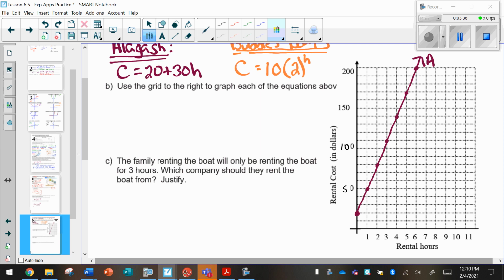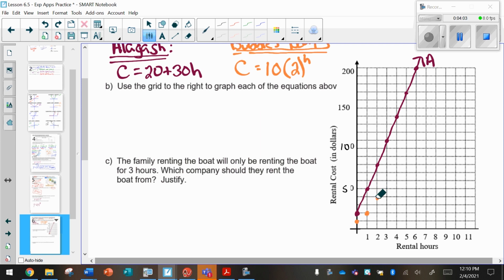Now, for Bubbles' boats, remember that the starting value is the same as our y-intercept. So we're going to start at 10, that's our y-intercept. And it says the cost doubles every hour. So from $10 to start with for a deposit, times 2 makes $20 for 1 hour. And 20 times 2 makes it $40.